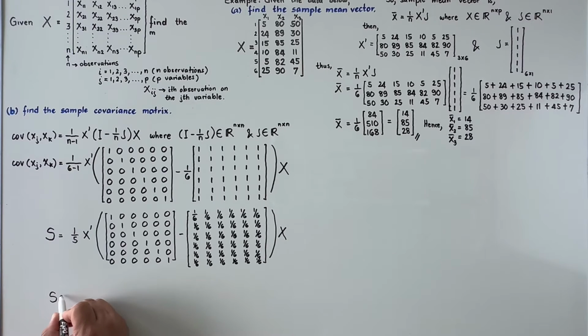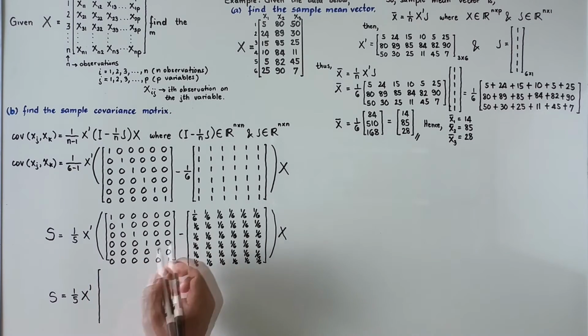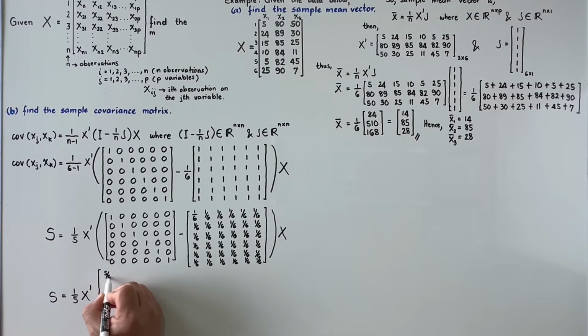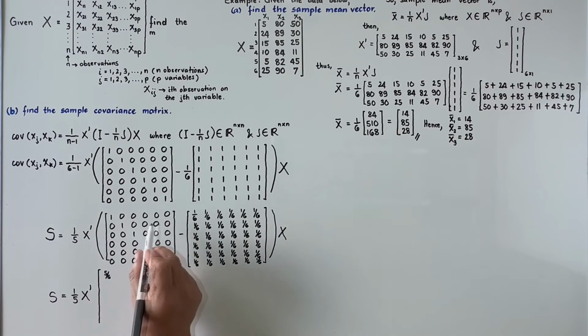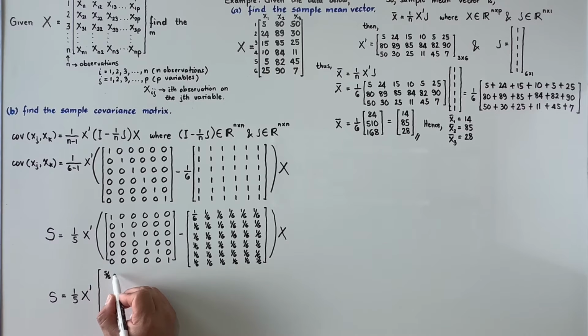So the sample covariance matrix, which is S, is equal to 1/5 of the data matrix transpose times the difference of these two matrices. So 1 minus 1/6, that's 5/6. And then 0 minus 1/6 is negative 1/6.